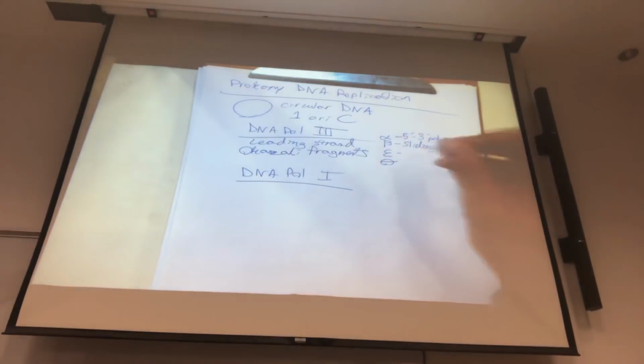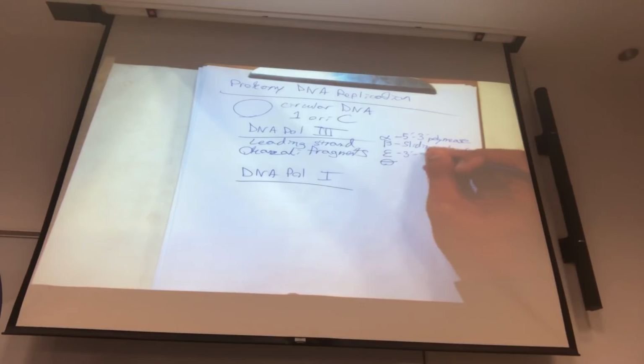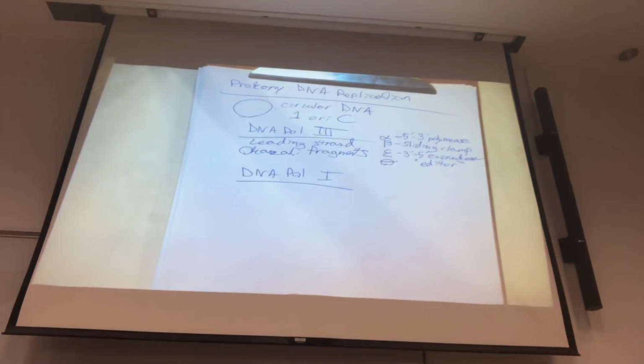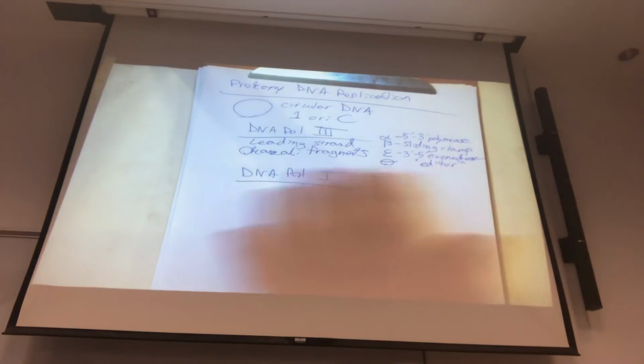The epsilon subunit has a 3' to 5' exonuclease. This is your editor function in terms of DNA replication. Yes? So alpha is a proofreader? Yes, I'll explain that after I do the editor thing.